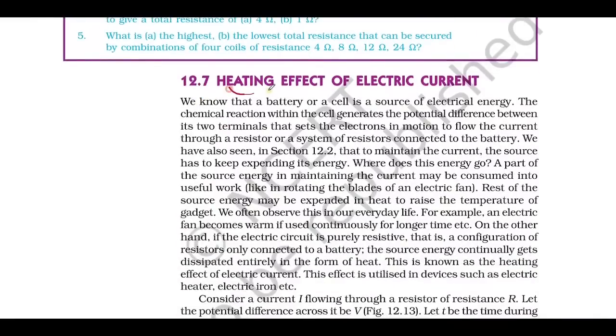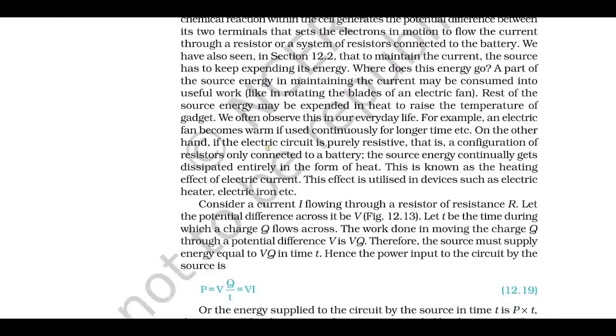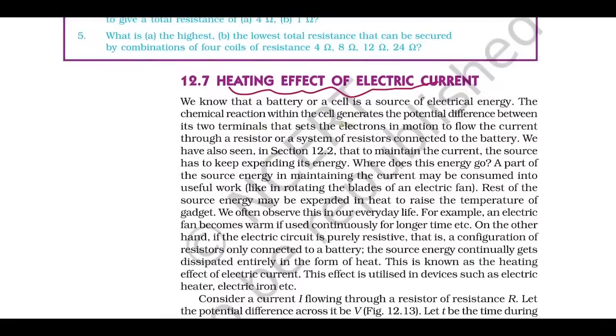Now there is an important concept: the heating effect of electric current. We know that a cell generates a potential difference between 2 points. Name the component which creates potential difference. It is the cell or the battery.